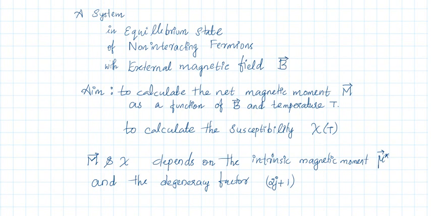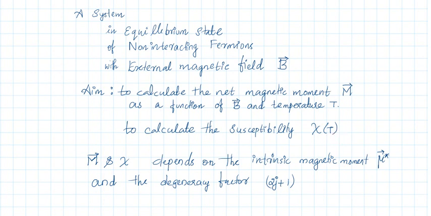This susceptibility can be positive or negative depending on the direction of the net magnetic moment M attained by the system. If the net magnetic moment is in the direction of the external magnetic field, then chi will be positive and the phenomenon is known as paramagnetism.